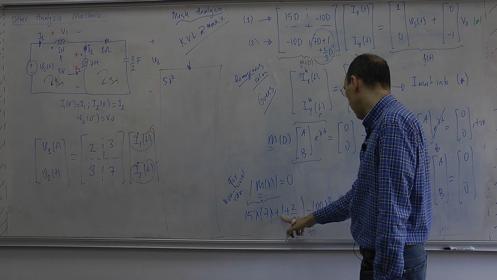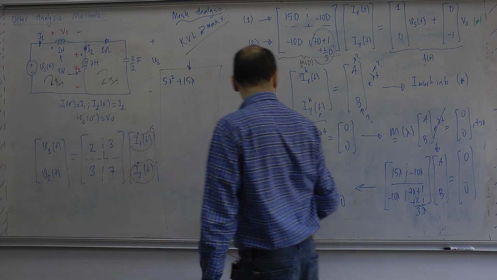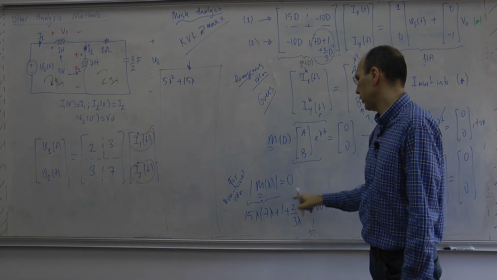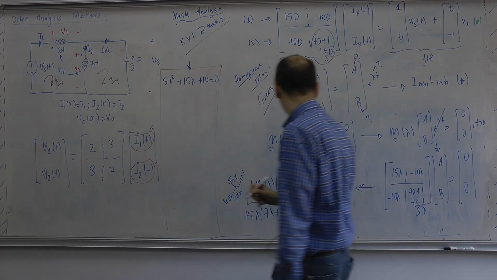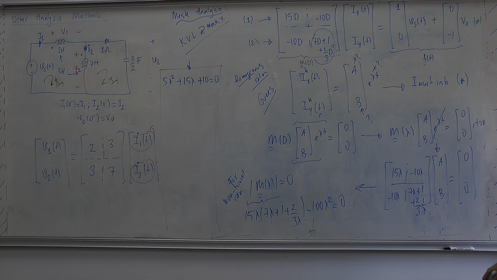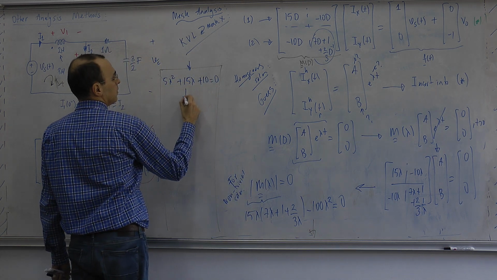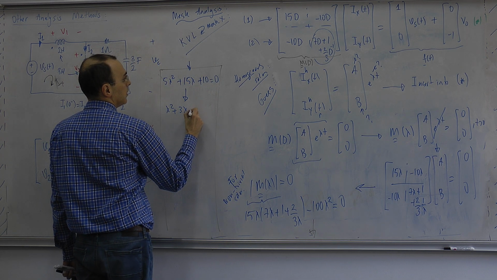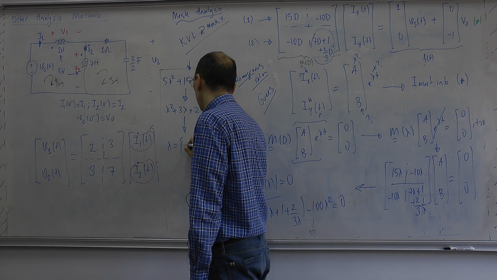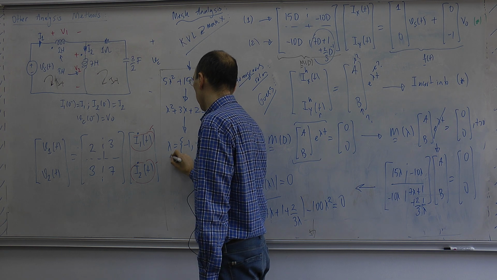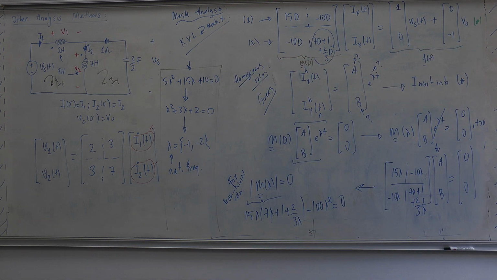Now I have 7 lambda over here. No, I have 15 lambda over here. And what else? Oh, I'm left with this term: 30 divided by 3, 10, is equal to 0. Okay. So this is again a quadratic, or a polynomial. And then if I divide by 5, lambda square plus 3 lambda is equal to 0. So I get my natural frequencies as this.